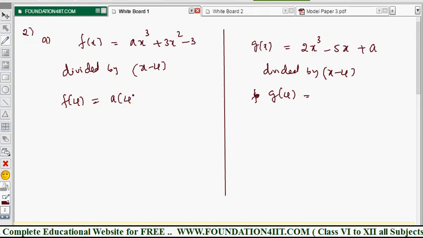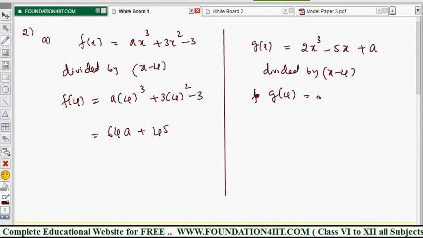So a into 4 cube plus 3 into 4 square minus 3. 4 cube is 64, so 64a, plus 4 square into 3, that is 48, minus 3 is 45. So this is f of 4.